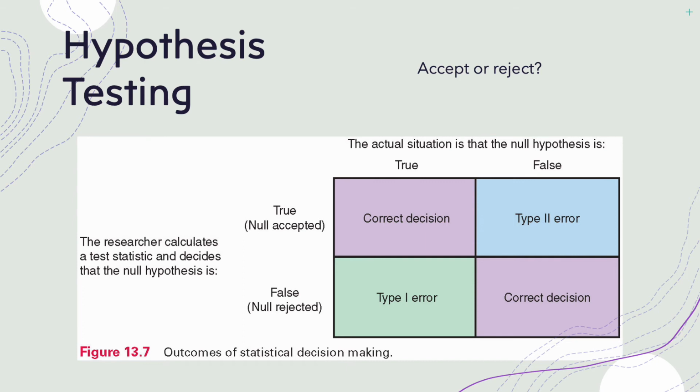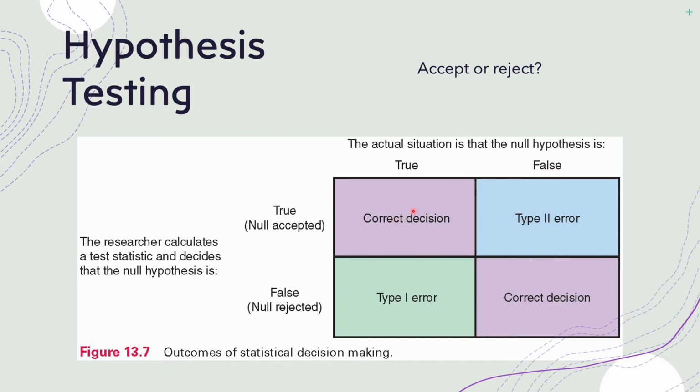To answer the question, we need to consider the types of errors. So let's look at this table. And this is figure 13.7 in your textbook. So true, the null hypothesis accepted. False, the null is rejected. And then you have the actual situation of the null hypothesis is true or false.